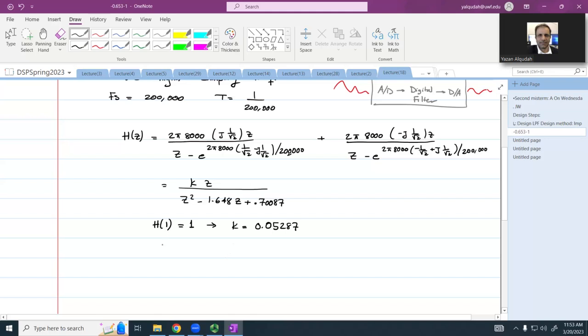And therefore, H of Z is going to equal 0.05287 multiplied by Z divided by Z squared minus 1.648 multiplied by Z plus 0.70087.